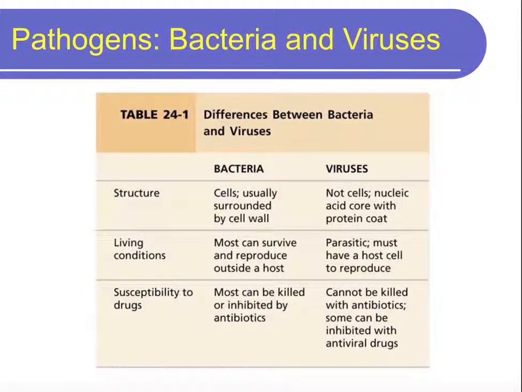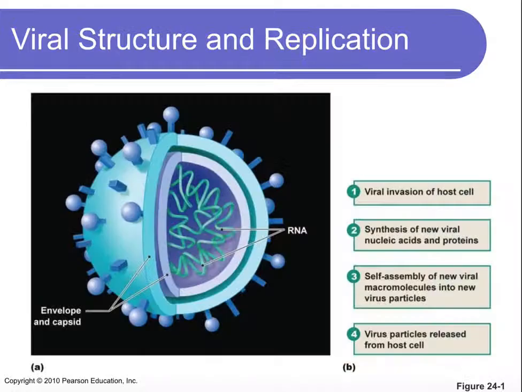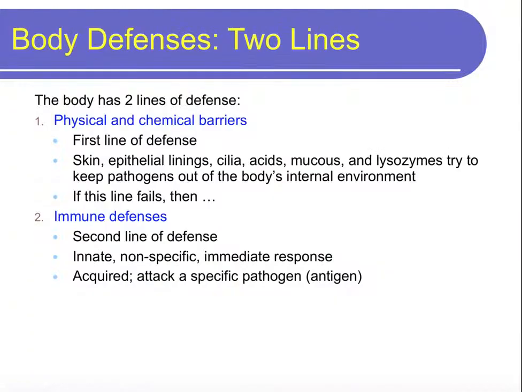And one thing that can happen is you can get something called host toxicity if the drug isn't working quite right. So it's a little bit more challenging. But we do have antiviral drugs to target viruses, just not as many as antibiotics. So this is just an example of a virus. So we have a protein coat and the nucleic acid core.